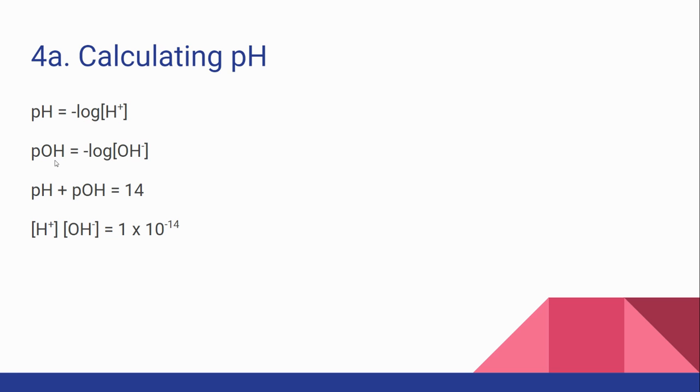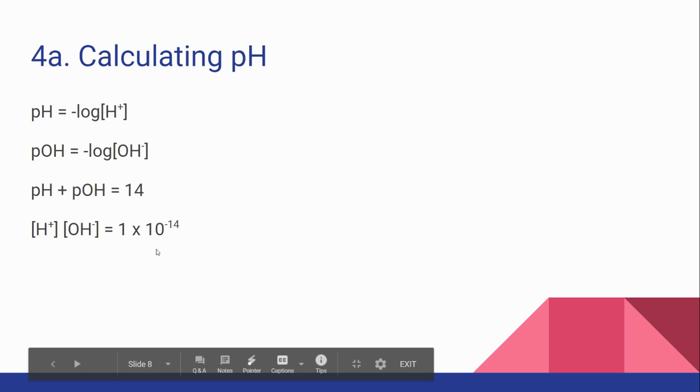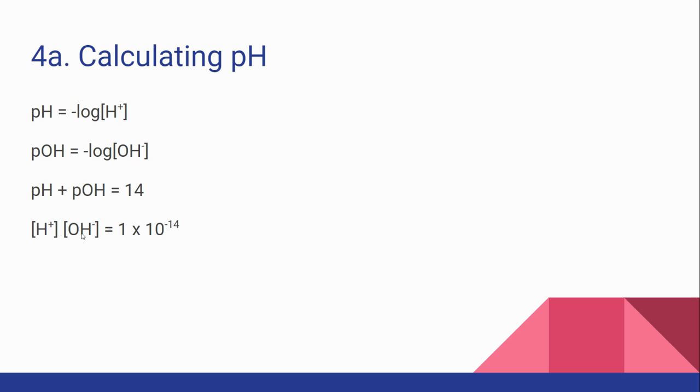This is known as the autoionization constant of water. Water will always have an H plus and OH minus concentration. Actually, all solutions will have an H plus and OH minus concentration that, when you multiply them together, will equal 1 times 10 to the negative 14th.